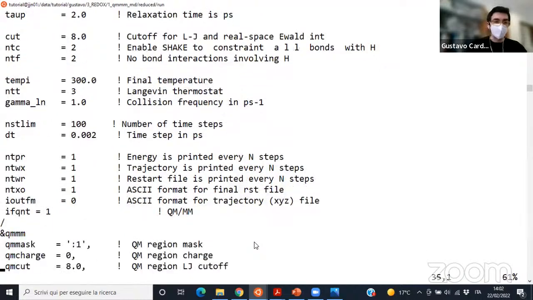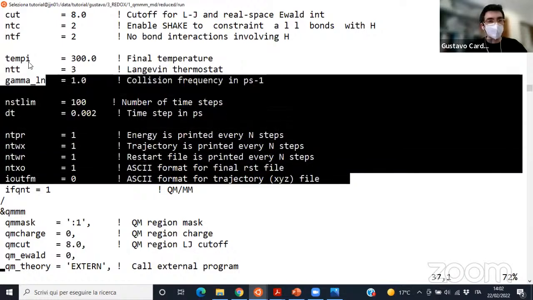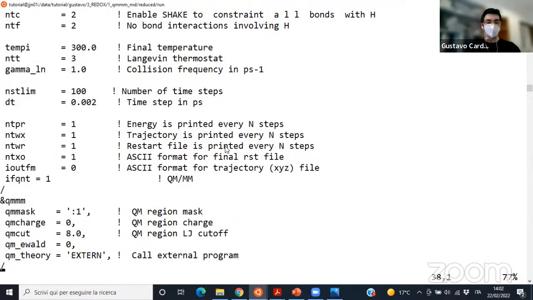Okay, so this was the first thing. The second thing, now, all this stuff up to this point is related to the MD simulation. Now, here is this keyword. So this is the keyword that will activate the QMMM. So we are telling it that we want to consider a part of the system as a quantum mechanical piece of the overall system.